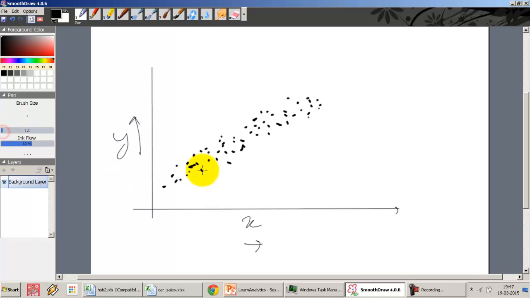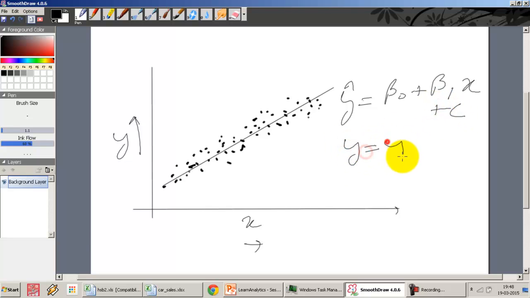As x increases, y continues to increase, and let's assume that this is the line which minimizes the error between y and y hat. So assuming that this is our regression model, y hat is equal to beta naught plus beta 1 x, and y is equal to y hat plus the error term.